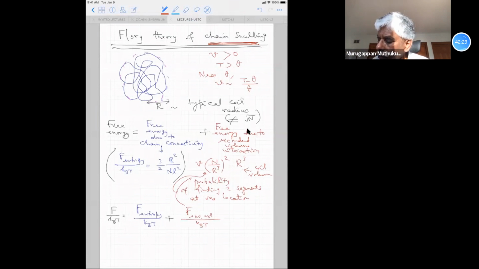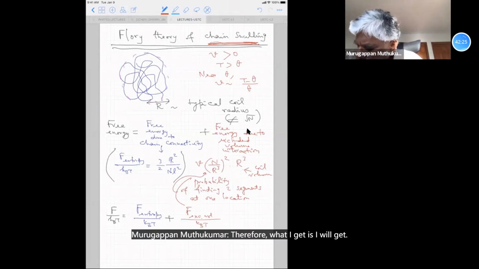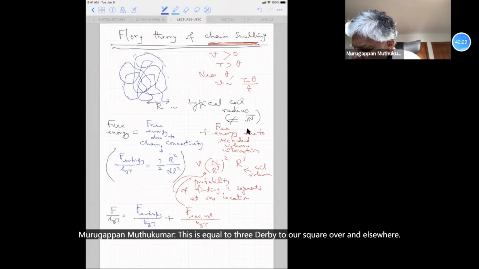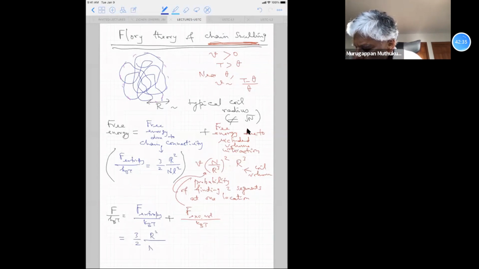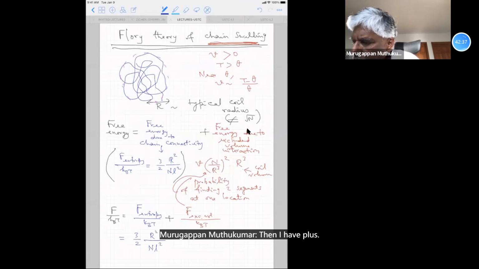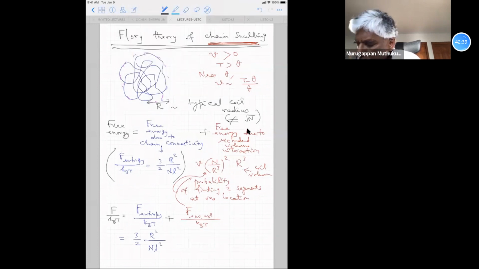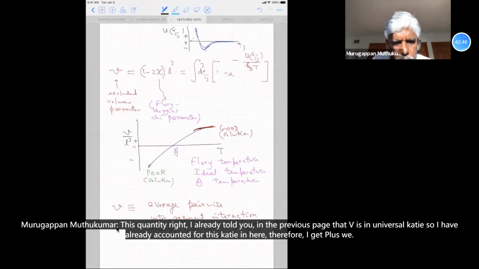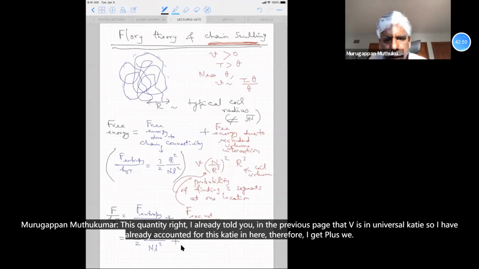What I get is 3 divided by 2 R squared over N L squared, plus this quantity. I already told you in the previous page that V is in units of KT, so I have already accounted for this KT in here.